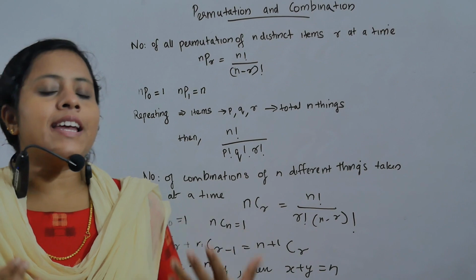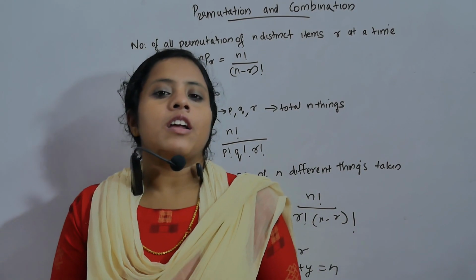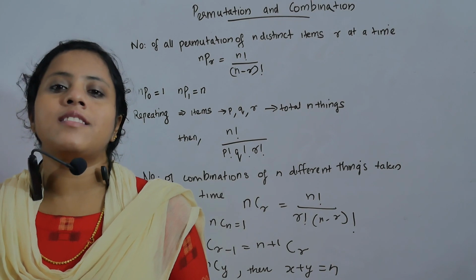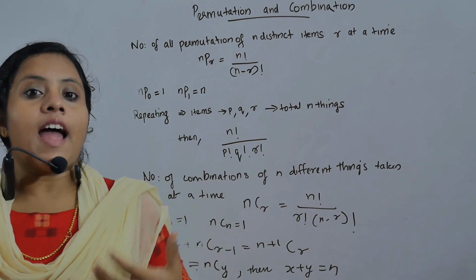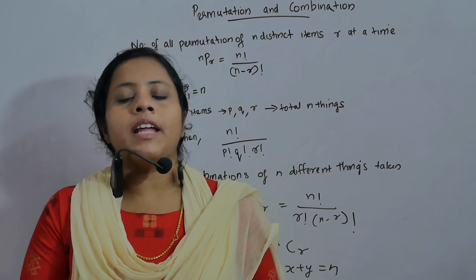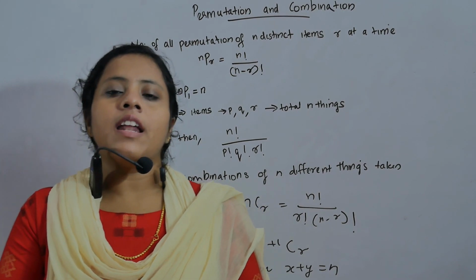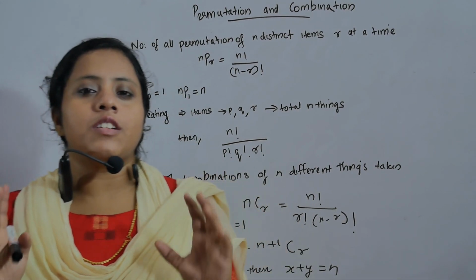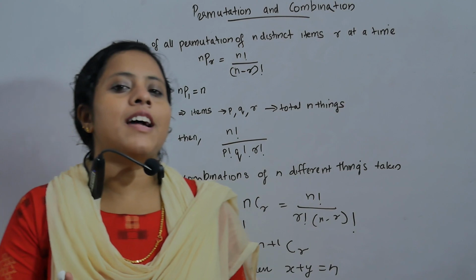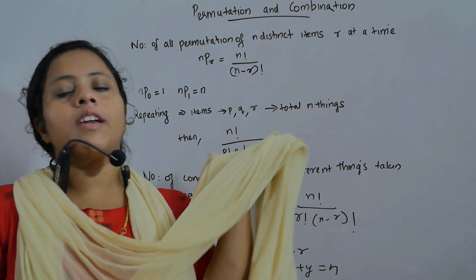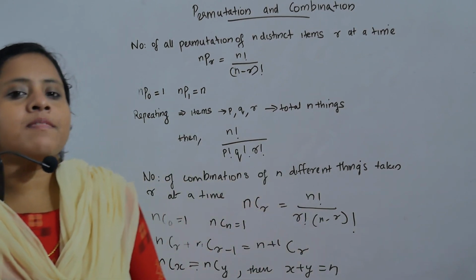Again I say, in permutation and combination, even if you do 100 questions, that is an additional gain for you, because questions can come in any way, and it's your common sense that decides which permutation or combination to apply. So practice maximum questions.